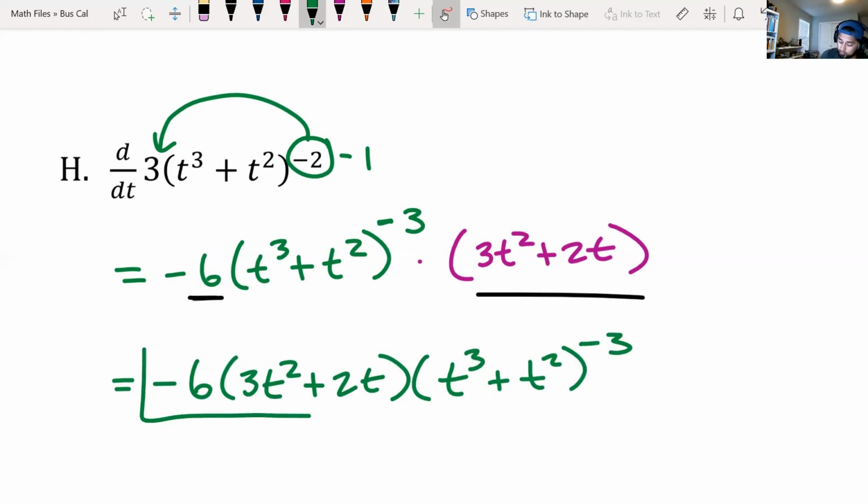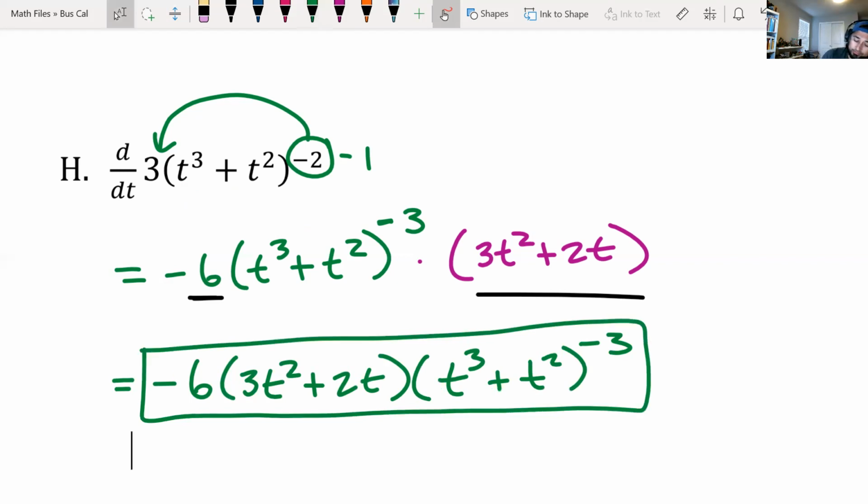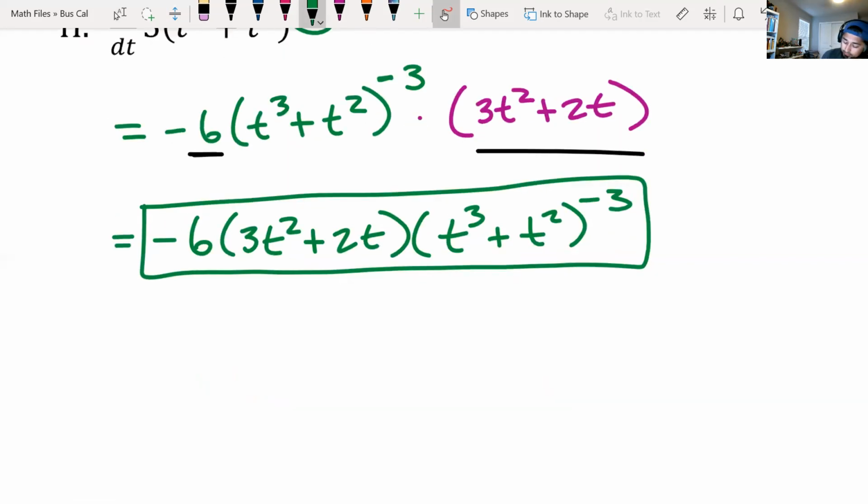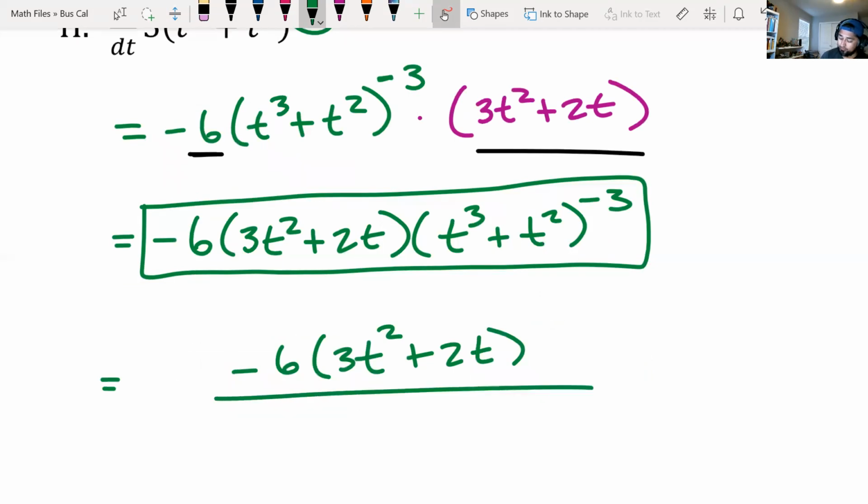Again, suitable answer. But we can rewrite it as negative 6 times (3t squared plus 2t) over (t cubed plus t squared) to the 3rd. And distribute that negative 6 if it feels right to you.